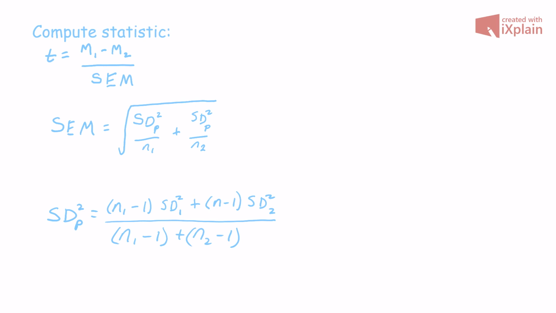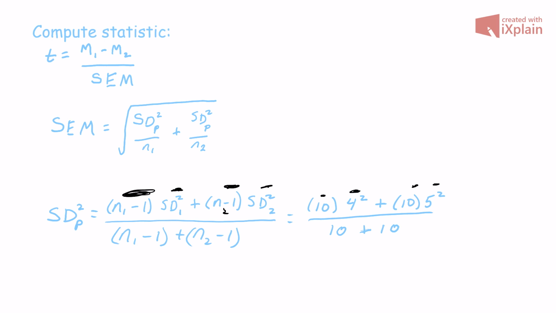So using the information that was given to us on the previous screen, the sample size minus 1, right here, is going to be 10. The standard deviation of sample 1 squared is going to be 4 squared. The sample size minus 1 for group 2, that should be a little subscript 2 there, is going to be 11 minus 1, or 10. And the standard deviation for group 2 is 5 squared.